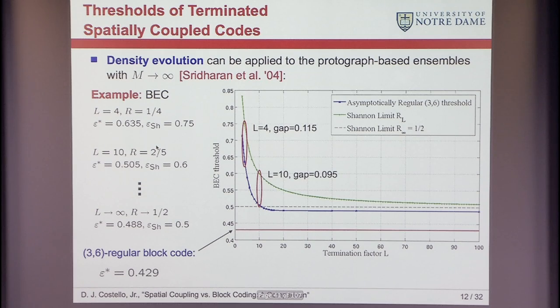And this continues to the point where these are the spatially coupled thresholds, which come to 0.488, very close to the Shannon limit. Those of you that know this know that this is the MAP threshold, actually, even though we're still basing this on belief propagation. Whereas the 3,6 regular block code that we started with has this 0.43 threshold associated with it.